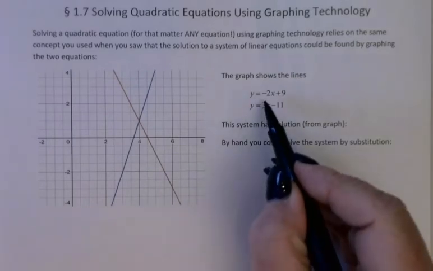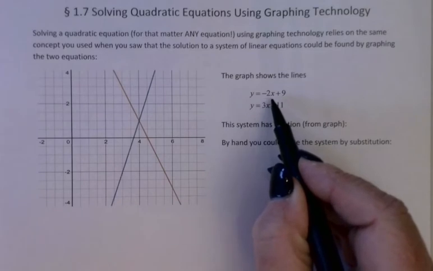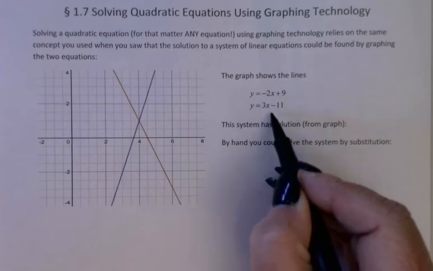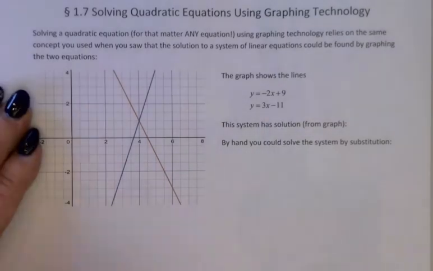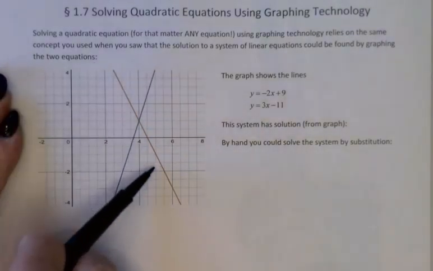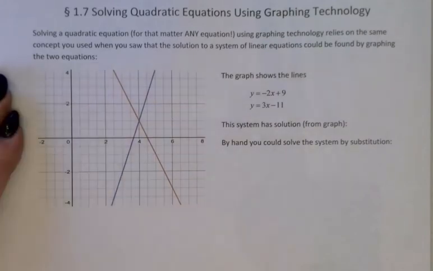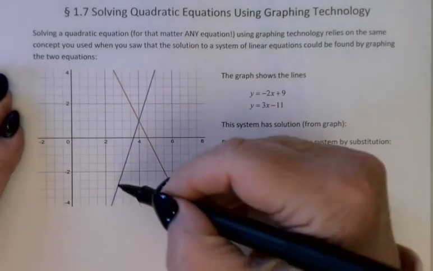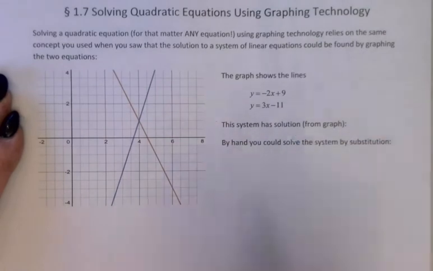If you have a system of equations like this one, y equals negative 2x plus 9, and y equals 3x minus 11, we could graph both of those lines. This is the negative slope, so this one must be y equals negative 2x plus 9. And then this blue one is the y equals 3x minus 11.